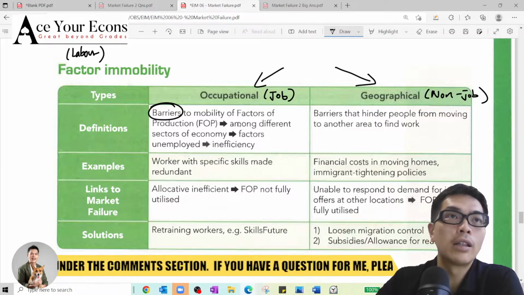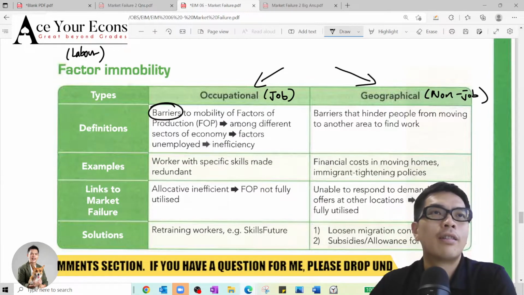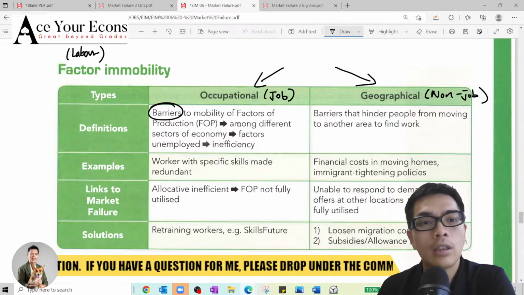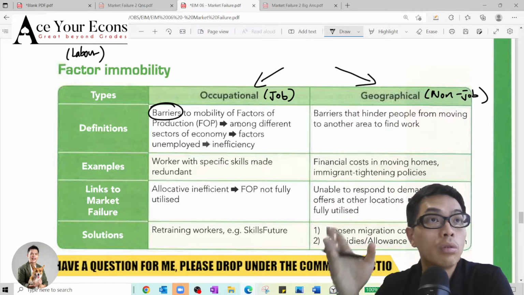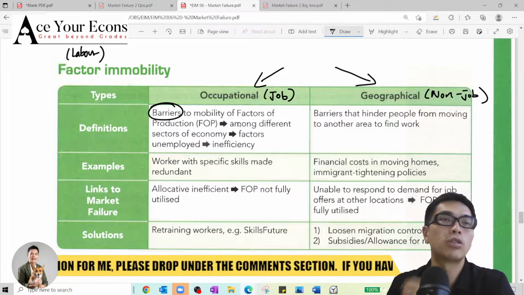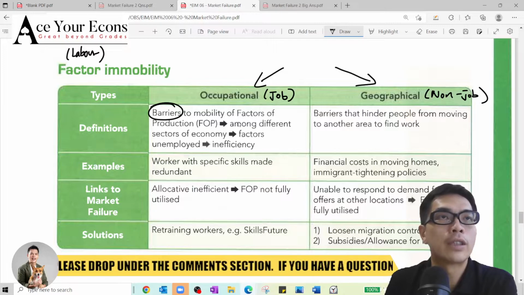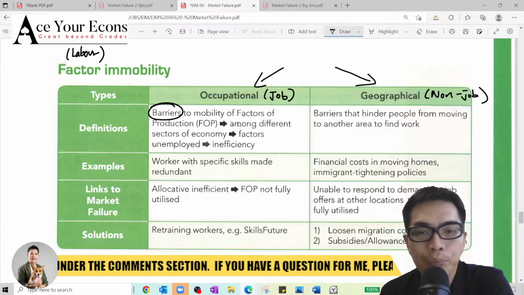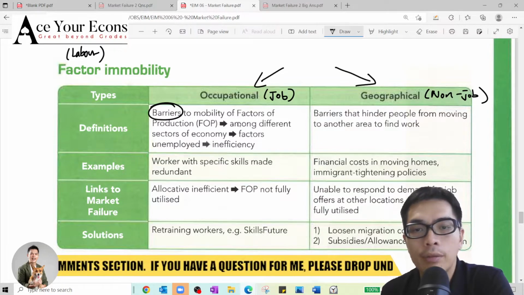Can anyone pick up coding or become a crypto trader overnight? Unlikely. They have to learn and spend time to acquire skills. This is a barrier, because you don't have the skill set to locate a job. Even though there's a job opening in a coding company or crypto, if you don't have the skill set, you're not able to locate a job there. This is what we call occupational immobility. You do not have a sufficient skill set. Simple enough, right?